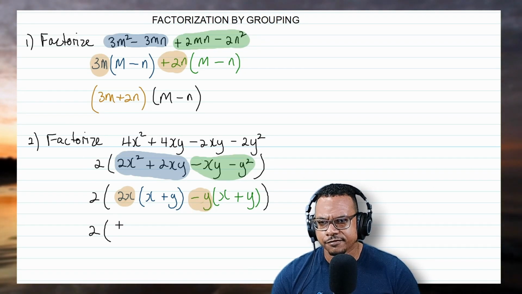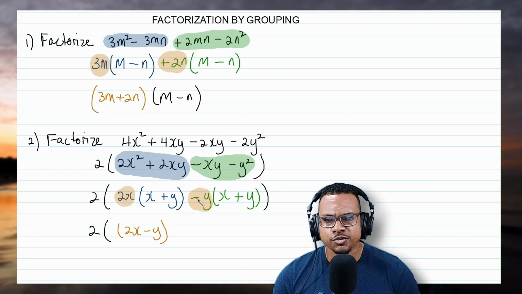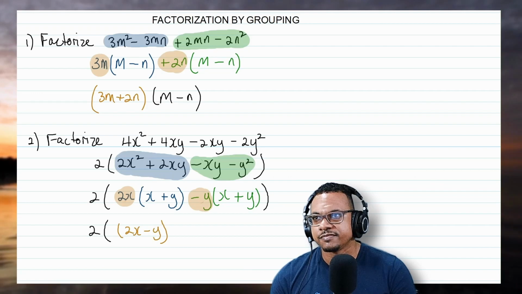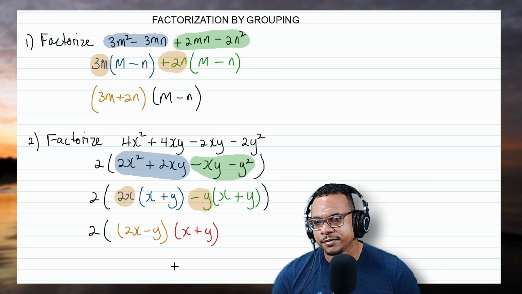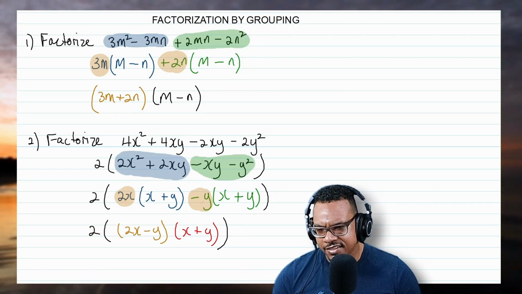So I'm going to have 2x, take away y, close brackets. And then these two brackets that are the same, I'm going to write once. So I'm going to have x plus y. And then I'm going to close off this bracket here, because I opened this one here, because the 2 is outside. Alright, so now this is the answer.